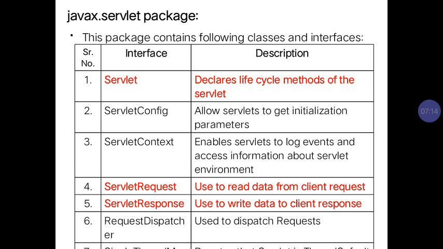It enables servlets to log events and access information about the servlet environment. The next interface is ServletRequest. It is used to read data from the client request. Next is ServletResponse, used to write data to the client response. ServletRequest and ServletResponse play a vital role in servlet programming. The next interface is RequestDispatcher. It is used to dispatch requests.